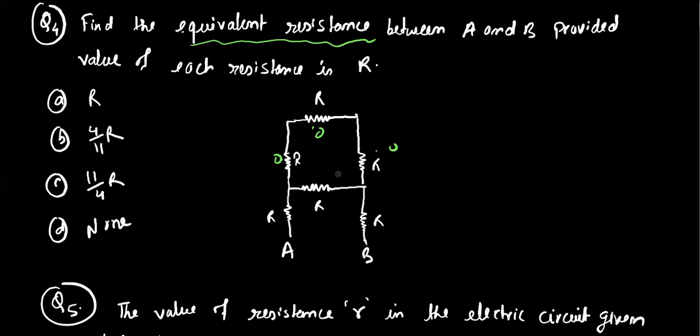So for these 3 R, we can write the equivalent circuit: this is R connected with branch A, this is R connected with branch B, and the equivalent resistance for 3 R is thrice of R, and these two resistances are in parallel combination.